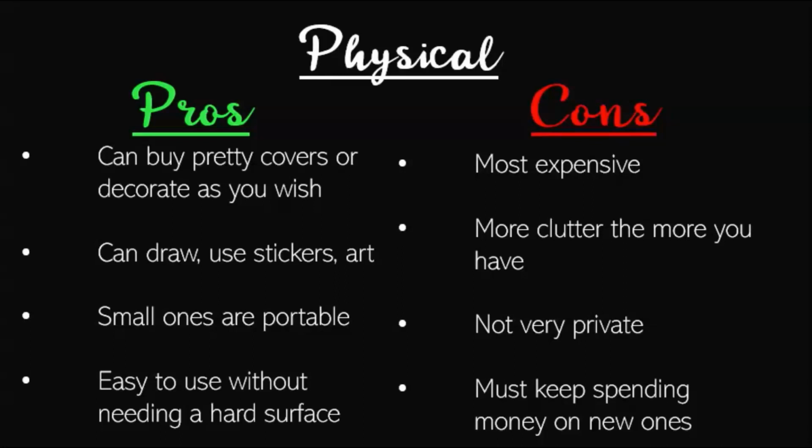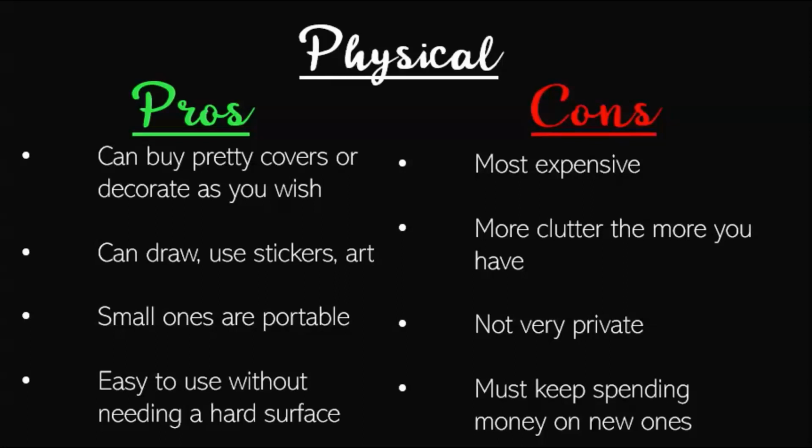Another con of the physical is you will have more clutter the more of these that you own. And if you are a serious diehard journaler, you are probably going to end up with dozens, if not maybe even 100 journals in your entire lifetime, and that takes up space. They are not very private.